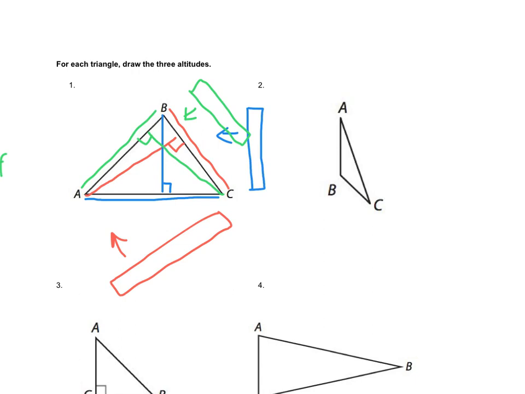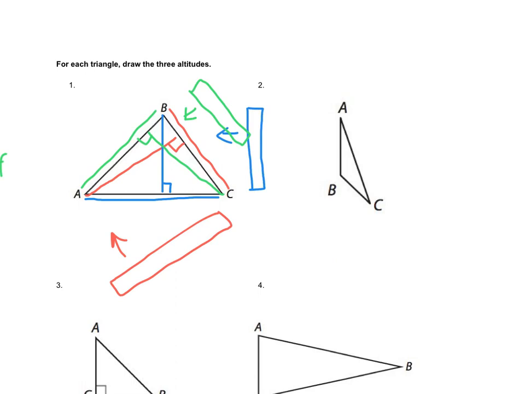We're really just focusing on the algebra of the geometry context, but just know that all those altitudes should, on purpose, be coming together at a single point. Depending on where the altitudes are located, that point might be inside the triangle or it might be outside the triangle somewhere, like you'll see here in number 2. Okay, so keep that in mind and see what you can do with drawing the rest of those altitudes.